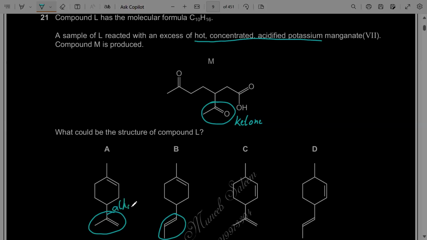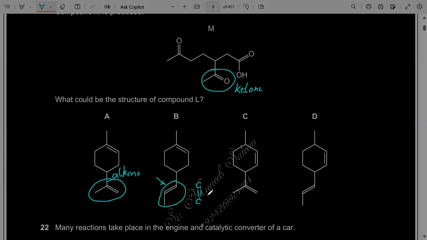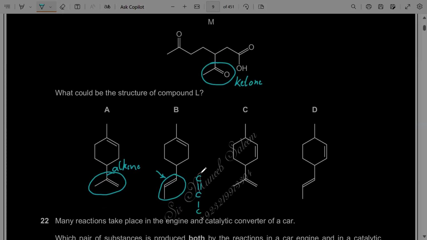So, reaction of alkene with hot concentrated KMnO4 to produce a ketone. We have an alkene over here and an alkene over here, both sides. But this alkene has the structure like this: carbon double bonded with carbon and 1 carbon below, and then the structure of the benzene like this.